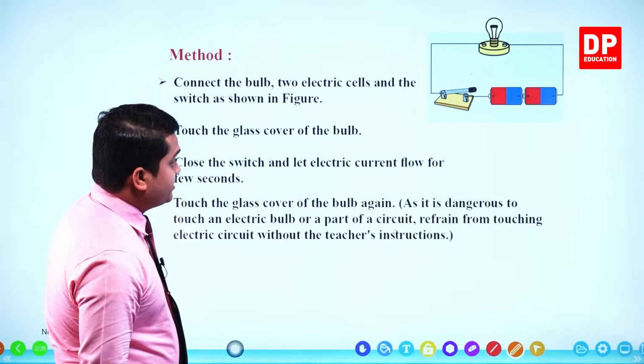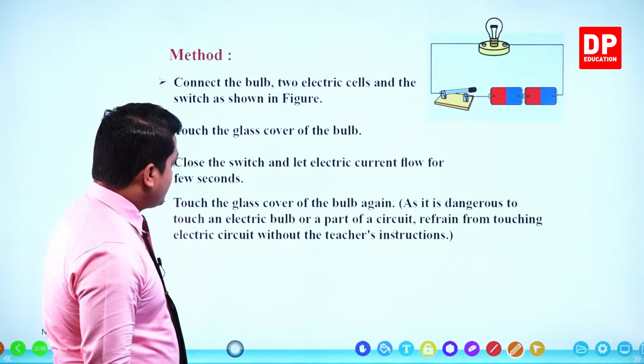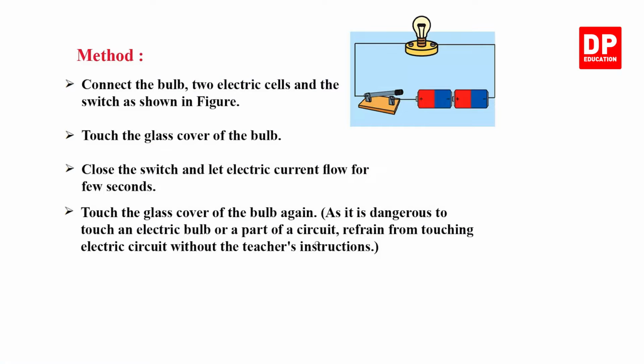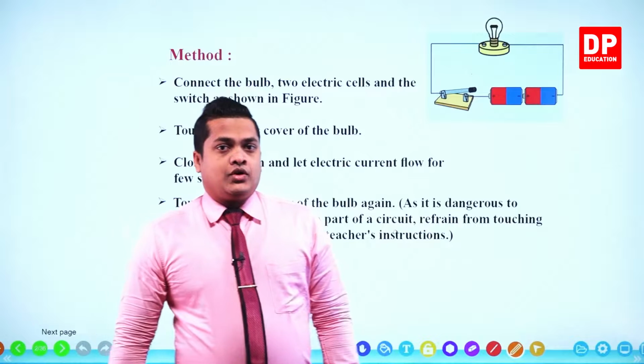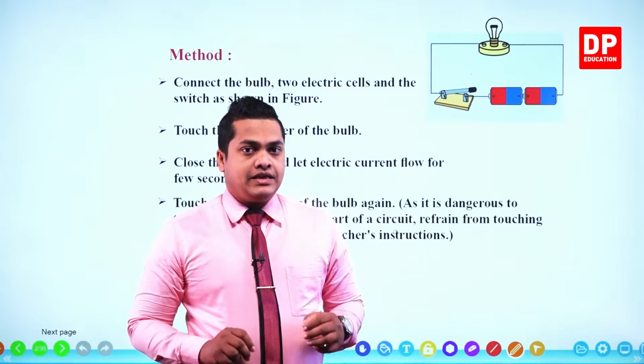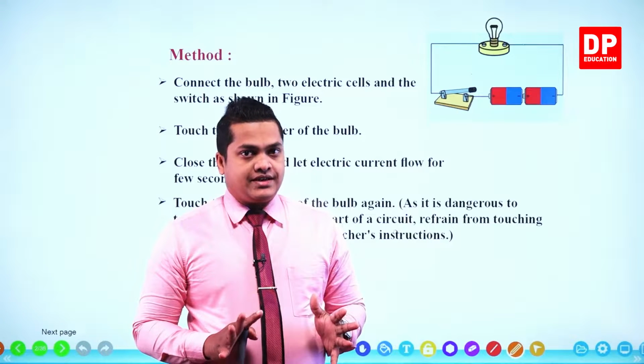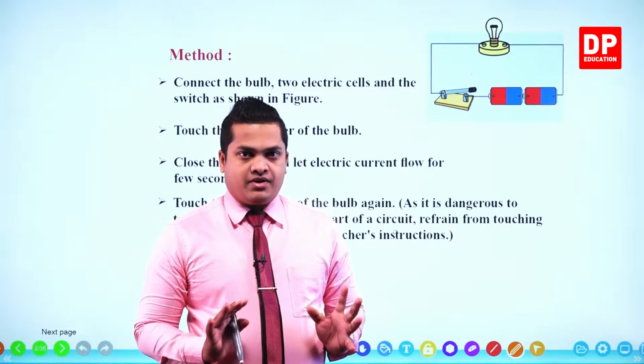As it is dangerous to touch an electric bulb or a part of a circuit, refrain from touching the electric circuit without the teacher's instructions. I told you that mainly electrical energy is converted to heat energy in filament bulbs.